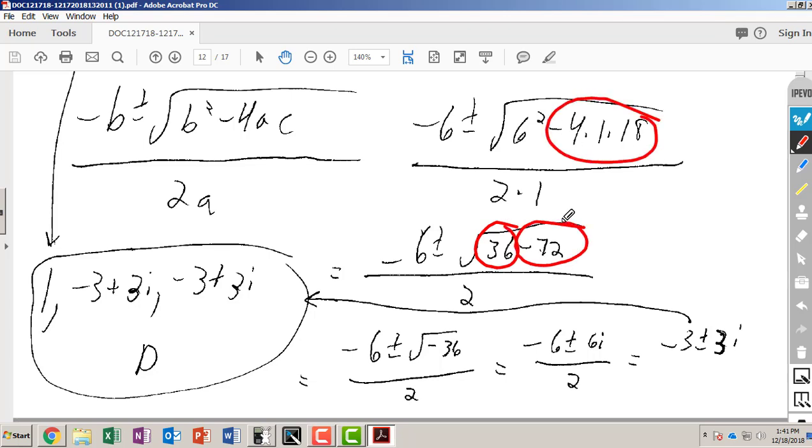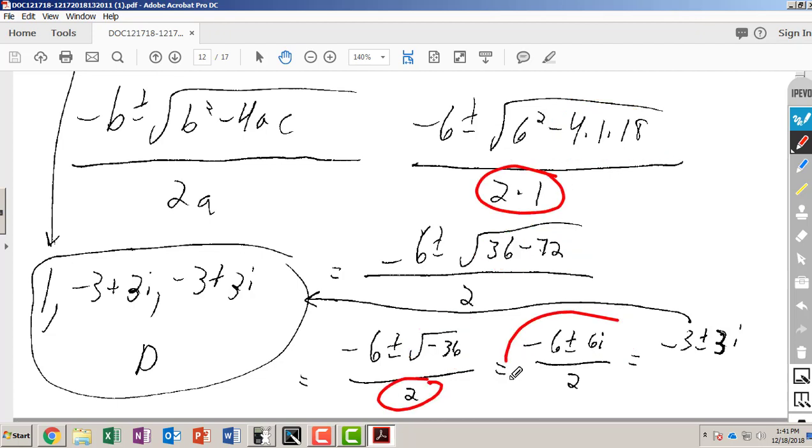When I subtract those two, I get the square root of negative 36. The square root of negative 36 is plus or minus 6i. And for my denominator, I've got 2 times 1, which is 2. So I get negative 6 plus or minus 6i all over 2.